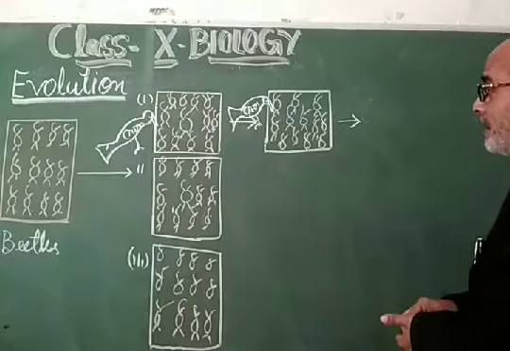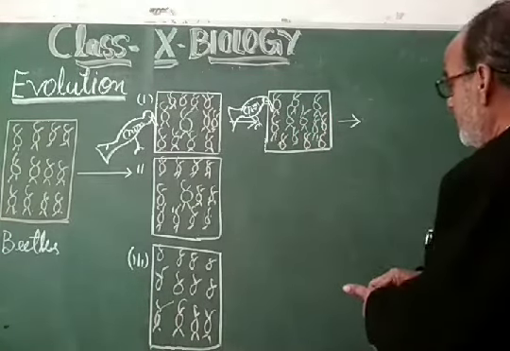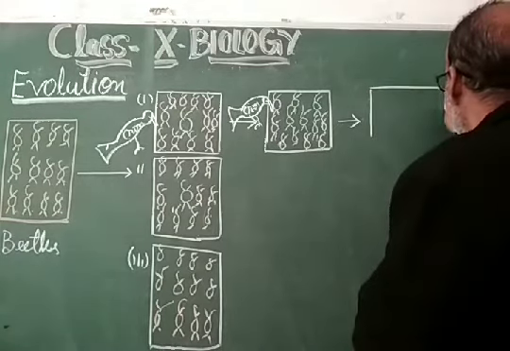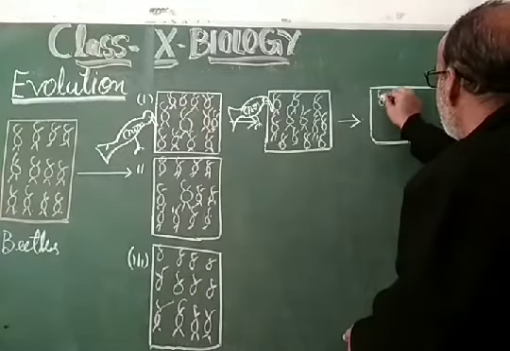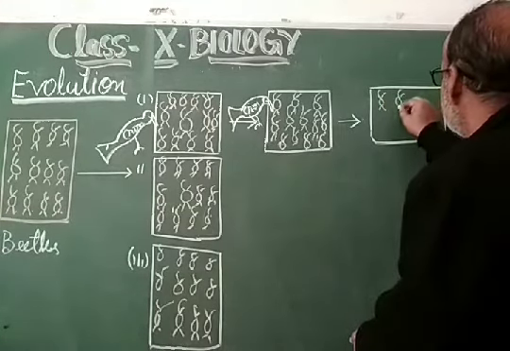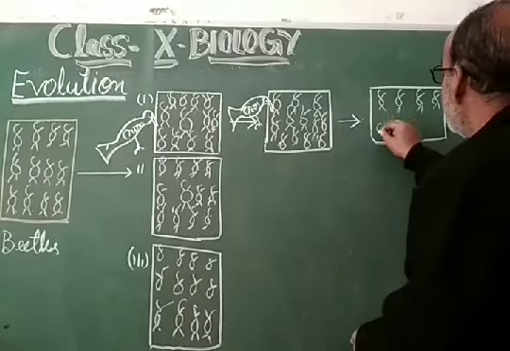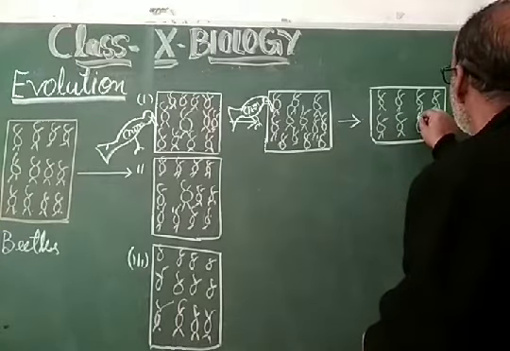If they are hunting these red beetles, then the number of red beetles decreases, and in this case there will be only green beetles. Only green beetles get produced so that they can escape from the crow.